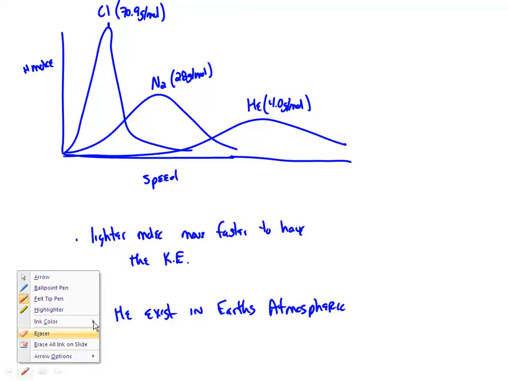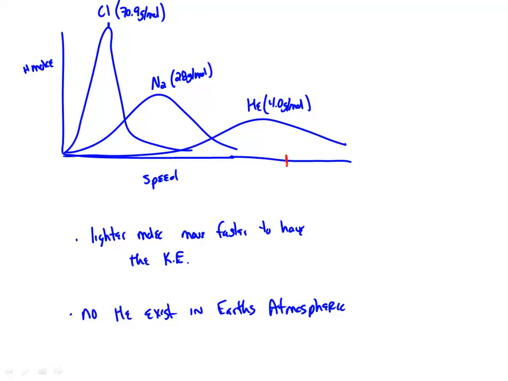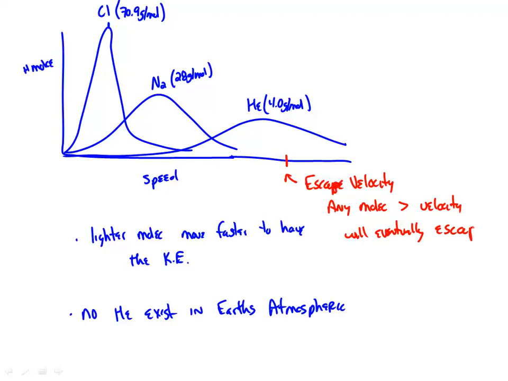Because if we take a look at the average speeds and we plot it, well, right here, this is what we call escape velocity. And what that simply says is that any molecule with greater than this velocity will eventually escape Earth's gravity well.